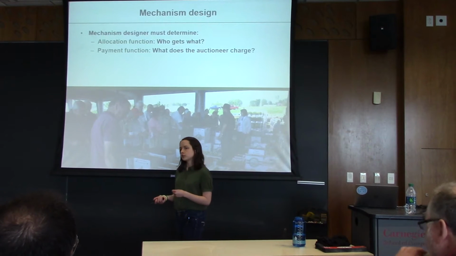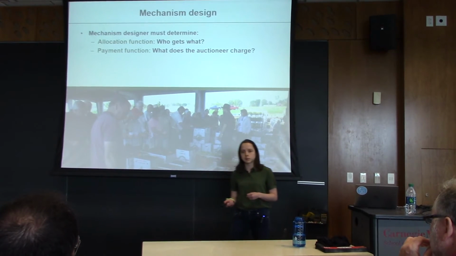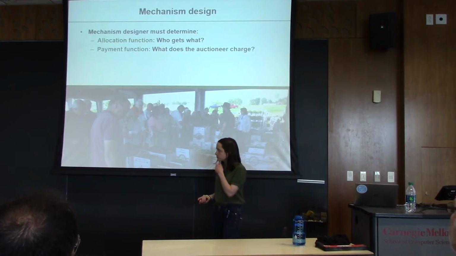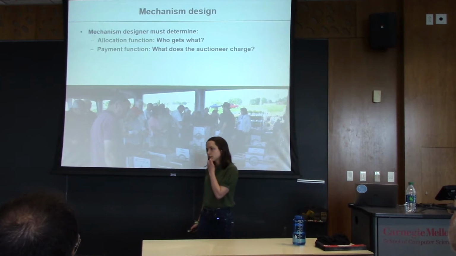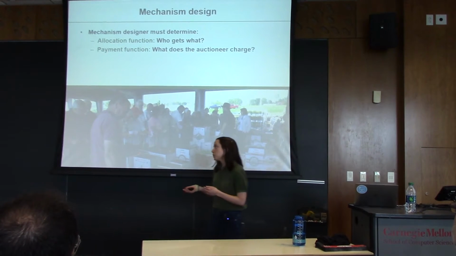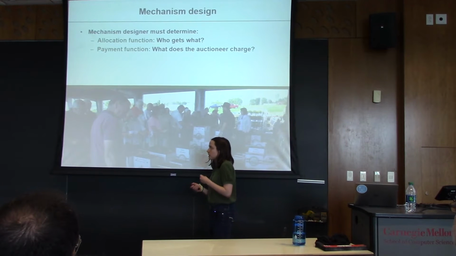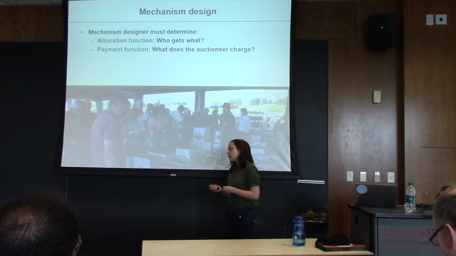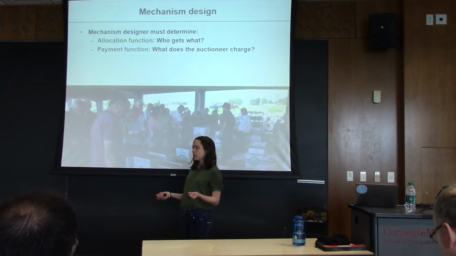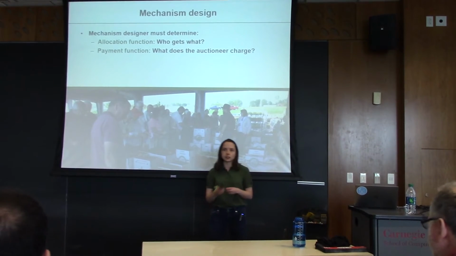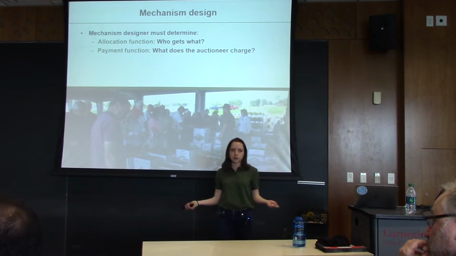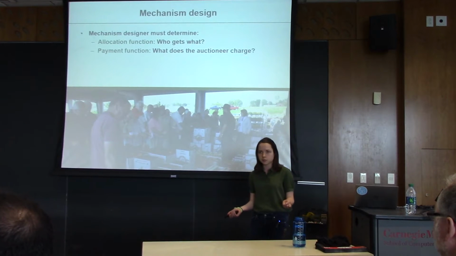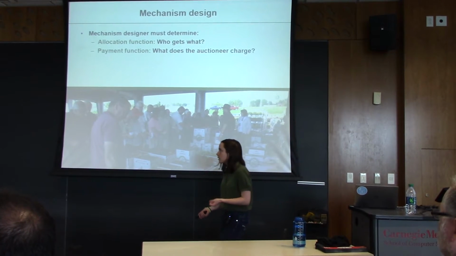So what do the bidders pay based on their bids and on the allocation? And these functions could be almost anything you could imagine. For example, I could give the goods to the highest bidders and charge them their bids. I could choose a random subset of bidders to allocate the items to and charge them nothing.